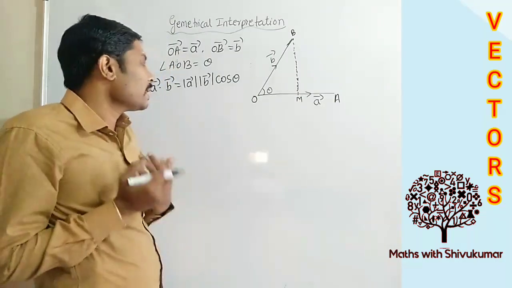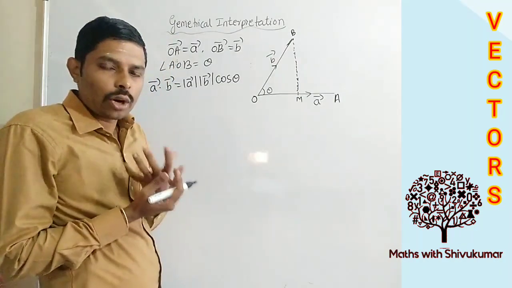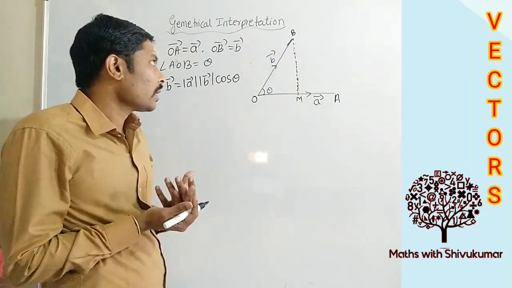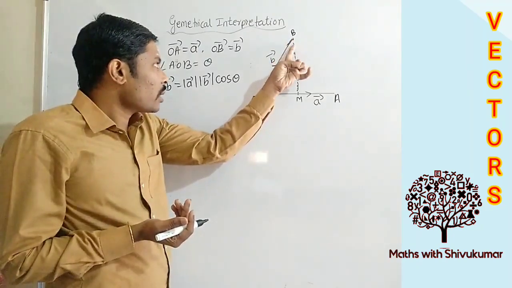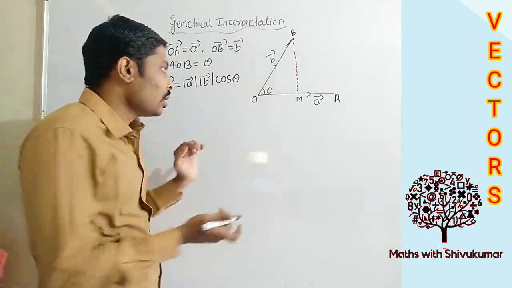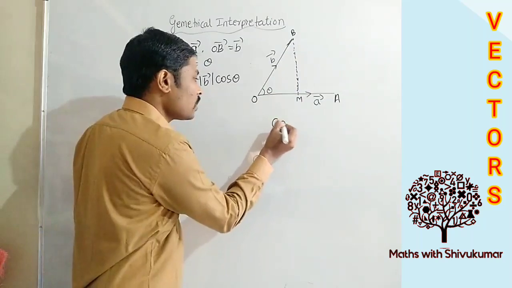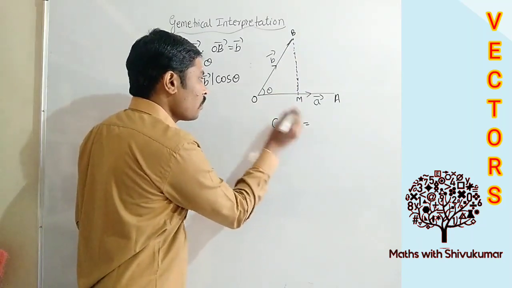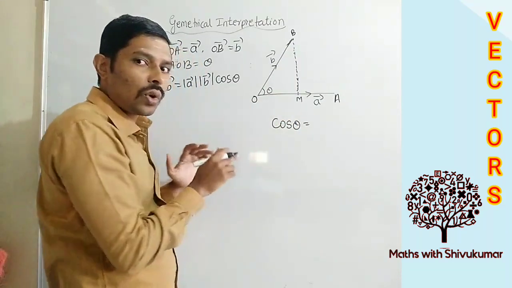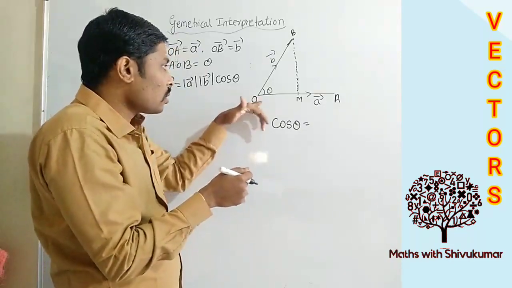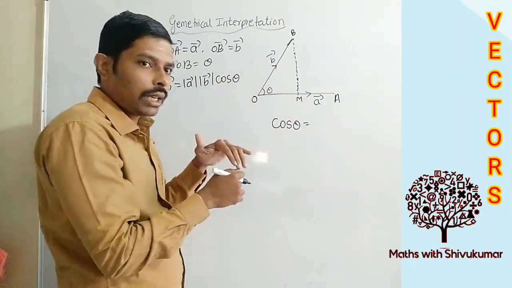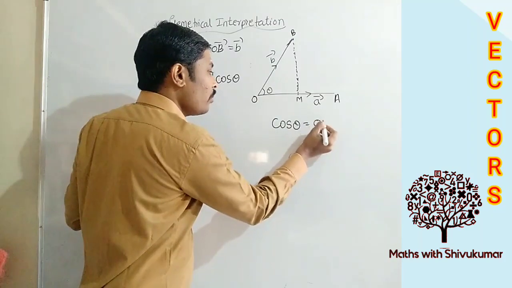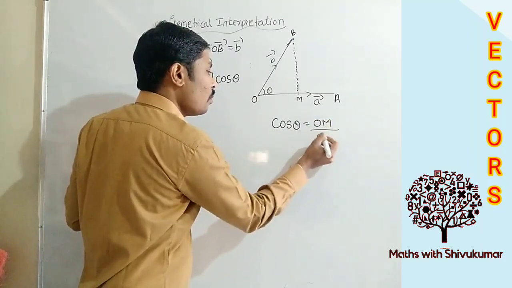See students, geometrically, I have drawn a perpendicular from this point. Now what is cos theta? Cos theta is OM divided by OB.